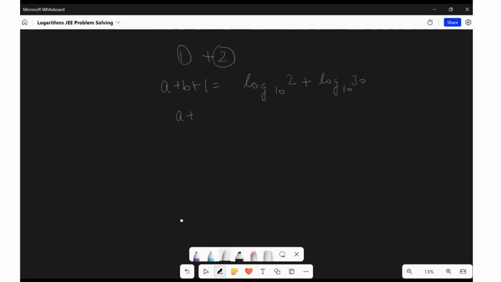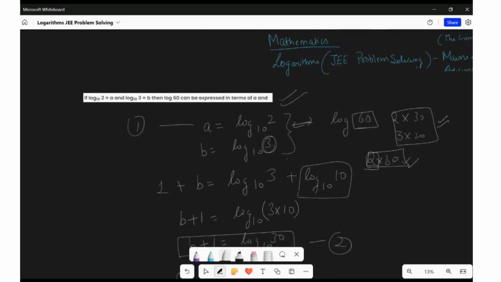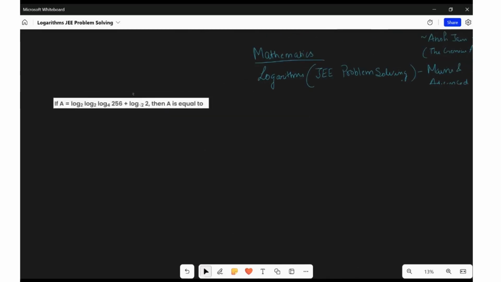Now a plus b plus 1 is log 2 into 30 base 10, and that is log 60, because 10 is the default base which we take in logs. You may know that. So a plus b plus 1 is the form if we express log 60 in terms of a and b. That's how we solve this problem. Let's look at the next question.